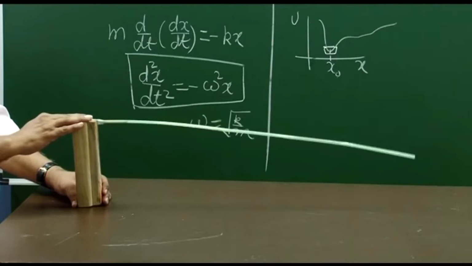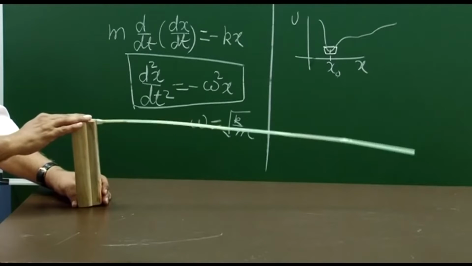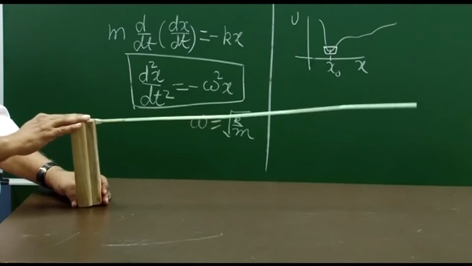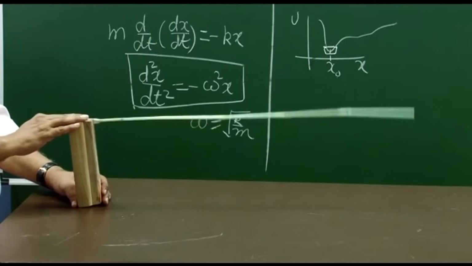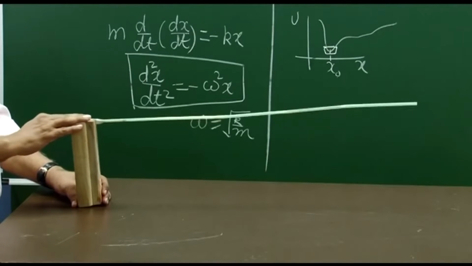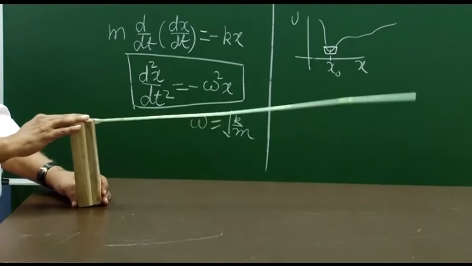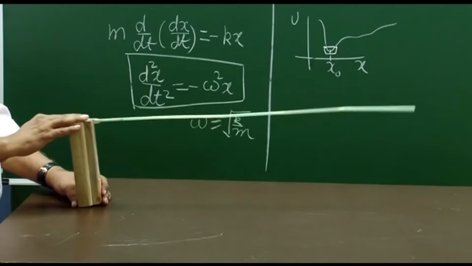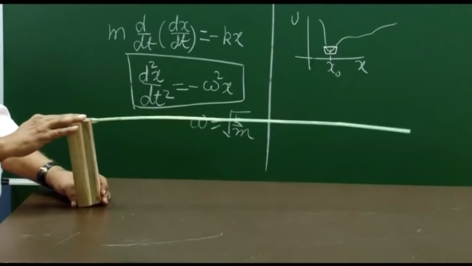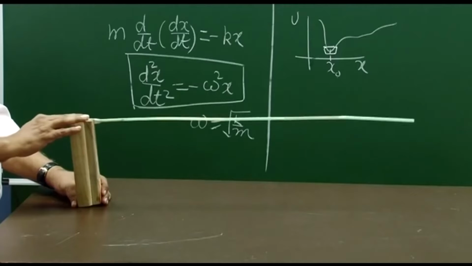I am moving my fingers with a very small amplitude, but you see a large amplitude appearing at the other end of the straw. And if I increase my frequency, although I am moving my fingers with a much wider amplitude, the frequency is also large, and you see the amplitude of oscillation of the straw tip is much lower.